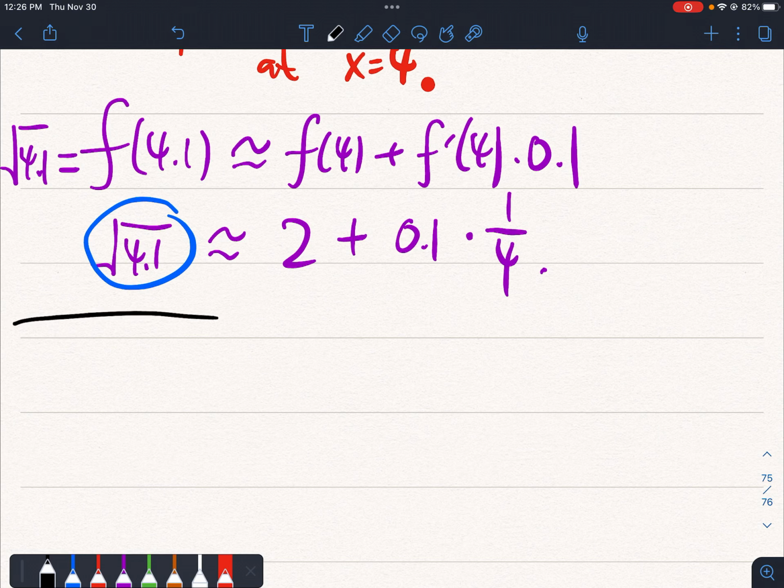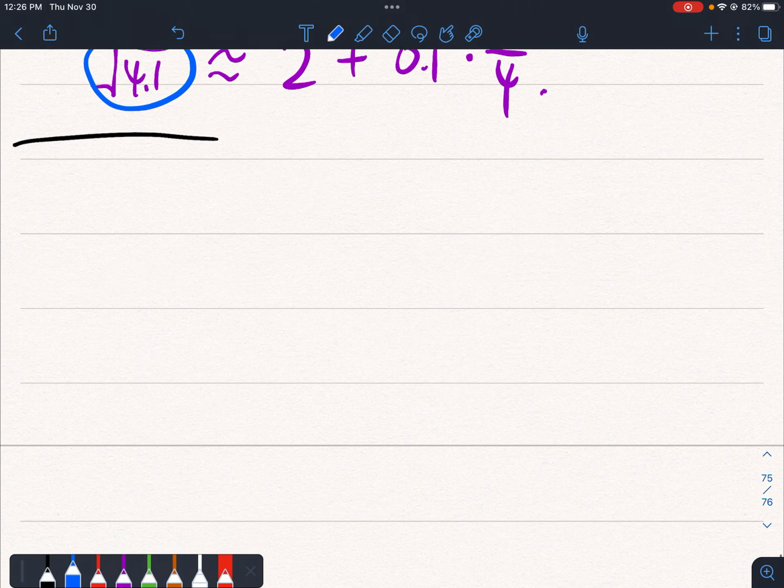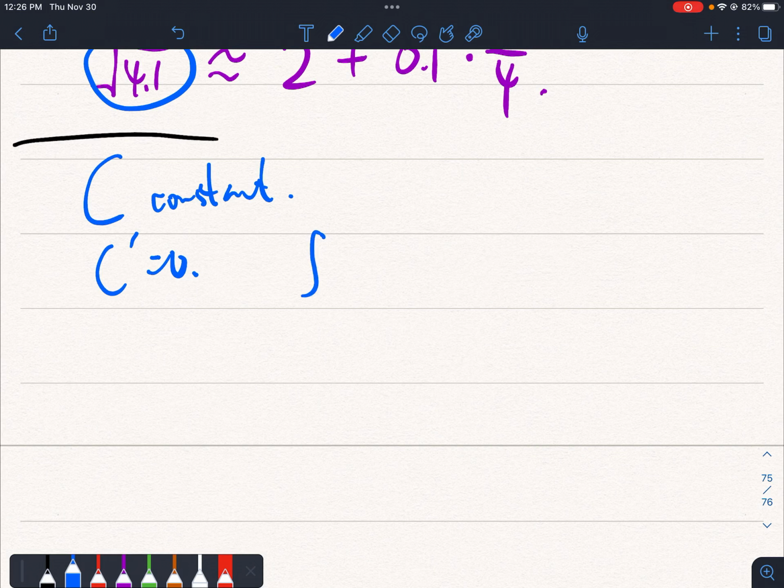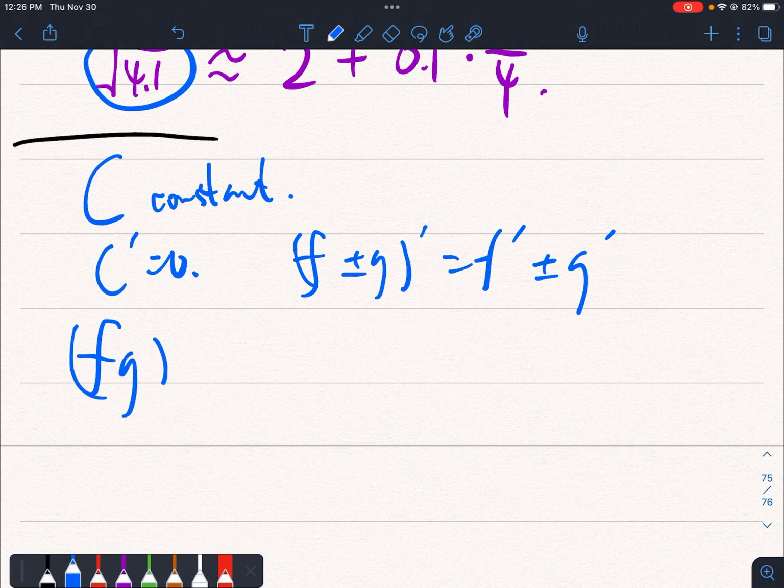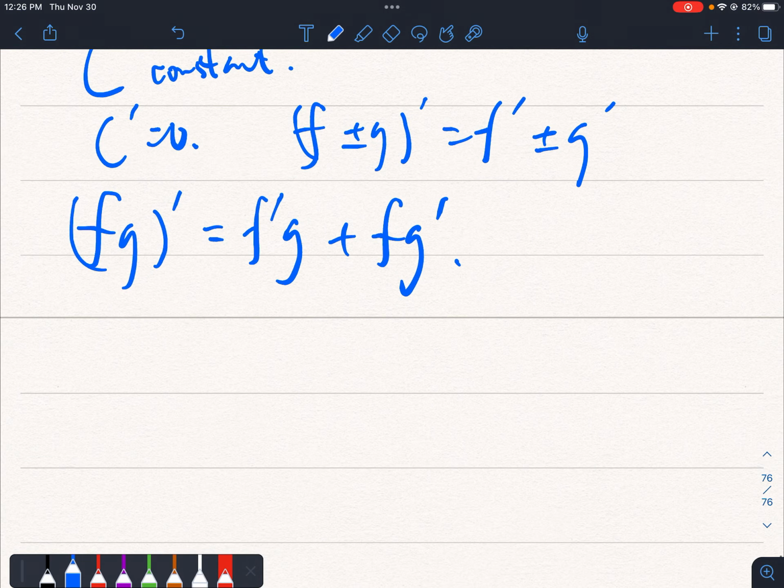And then I want to talk about some other formulas that will be very useful, and you have to know them in calculus. We have seen formulas like, let me say that again because it's very important. If c is a constant, then c prime is 0, and the derivative of f plus g is f prime plus g prime, and the derivative of f minus g is f prime minus g prime.